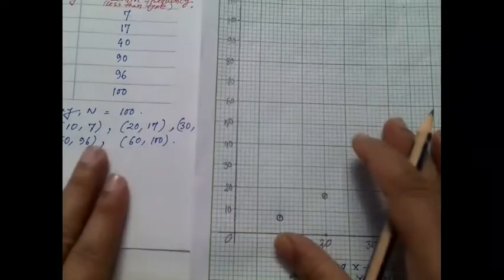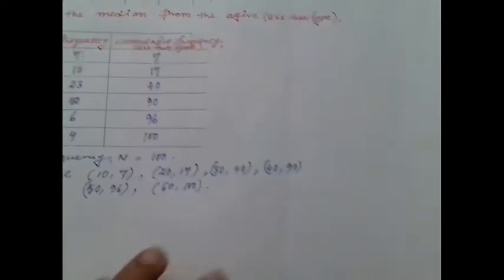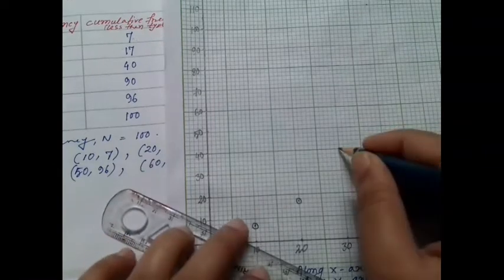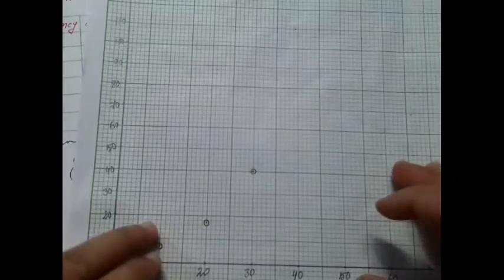Next we have 30, 40: 30 and then 40. After that we have 40, 90: 40 and then 90.